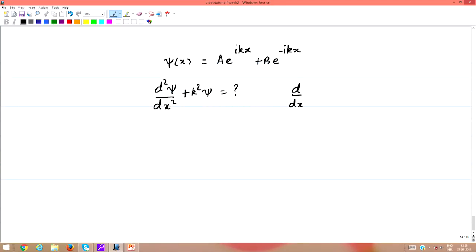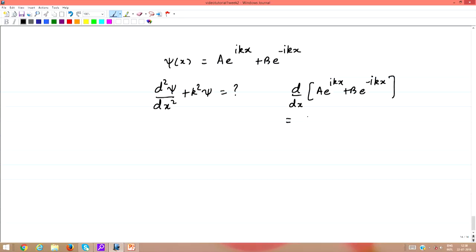So, the wave function is psi of x is equal to A e to the i k x plus B e to the minus i k x, and the differential equation that we want to check with is d square psi by dx square plus k square psi. What does it give you? Okay. So, the first is to take the derivative d by dx of A e to the i k x plus B e to the minus i k x.